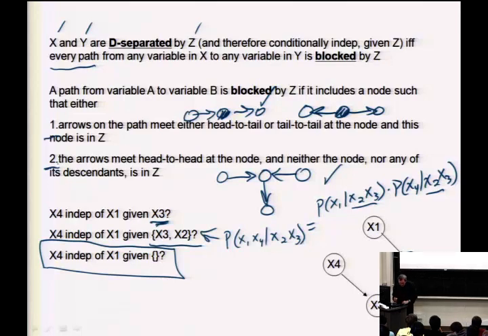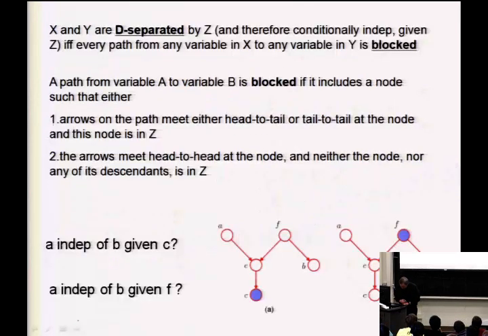All right, so let's look at a couple others just to test you out. What about this one? Is A independent of B given C? How many say yes? How many say no? Okay, the no's win.